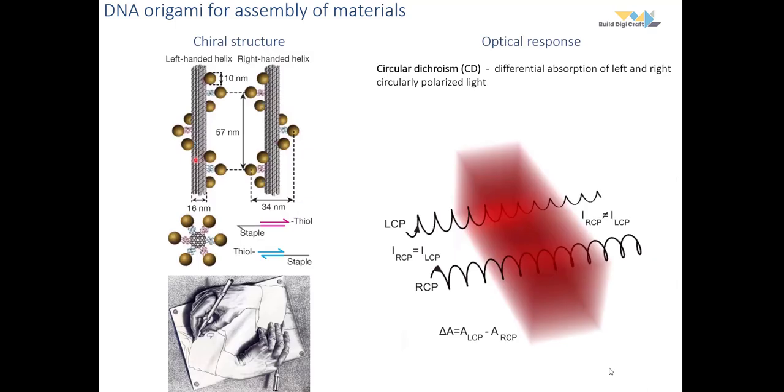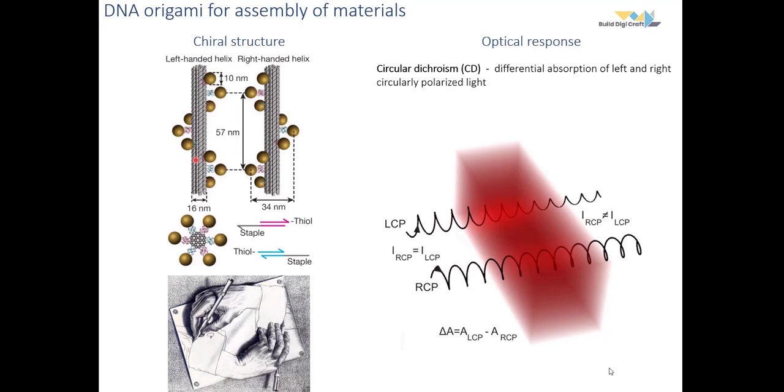These structures are so-called chiral, right? They're either a right-handed helix or a left-handed helix. A classical example of a chiral object is our hand, and actually the word chiral comes from the Greek word for hand.